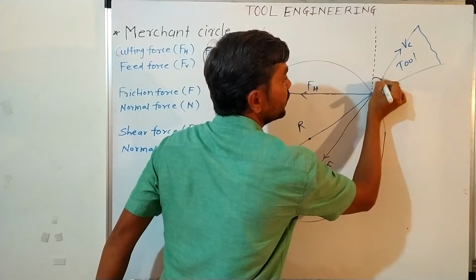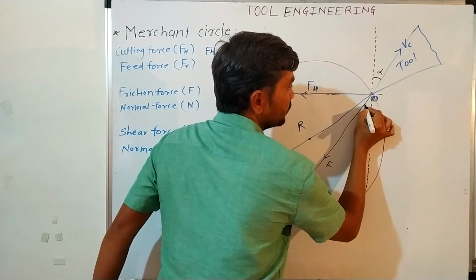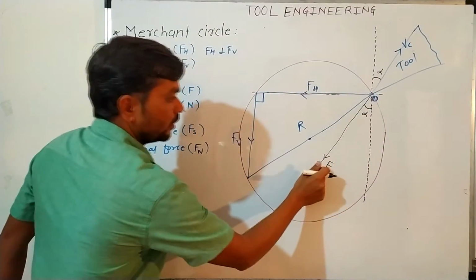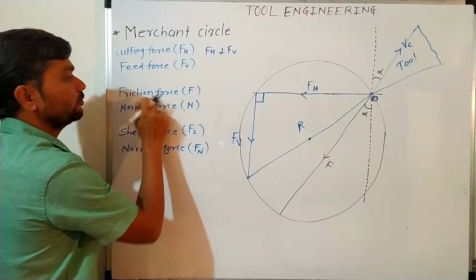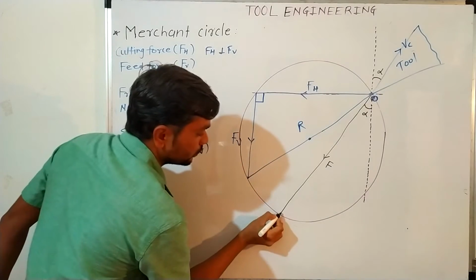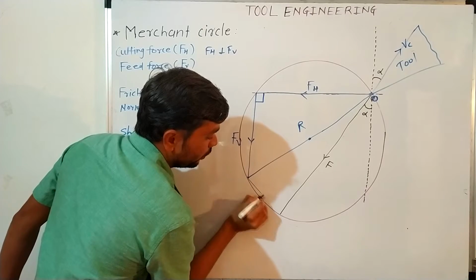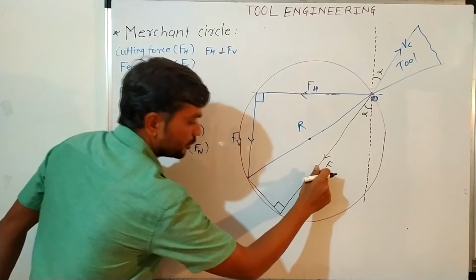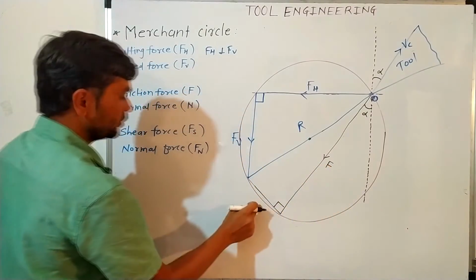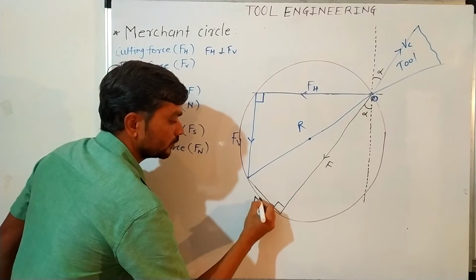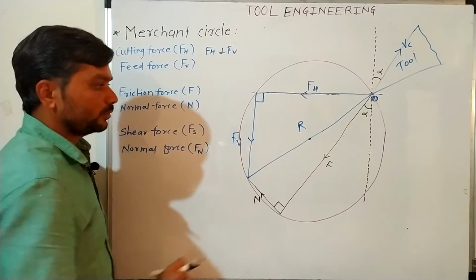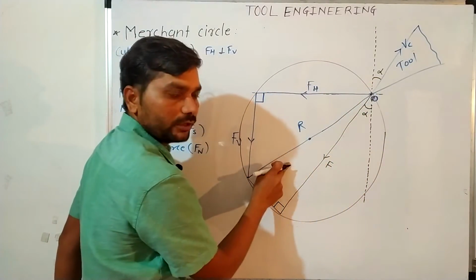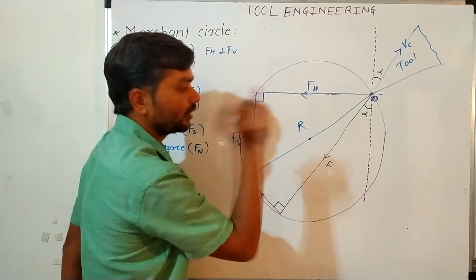This angle represents the tool rake angle, and this angle is also called the tool rake angle by geometry. This friction force is perpendicular to the normal force. So from this point again we draw a perpendicular line, and this will represent the normal force. Again we get these 2 points, and by joining them we get the resultant force. So we get here the common resultant.